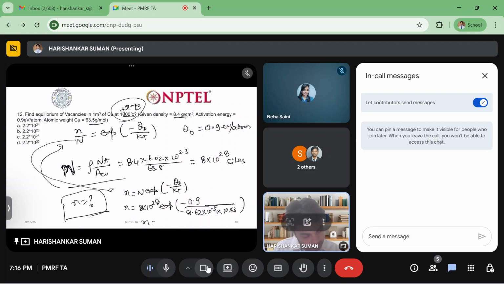Calculate this number and you will get around 10 to the 25 vacancies. So this is just a calculation question. Let's check the next question.